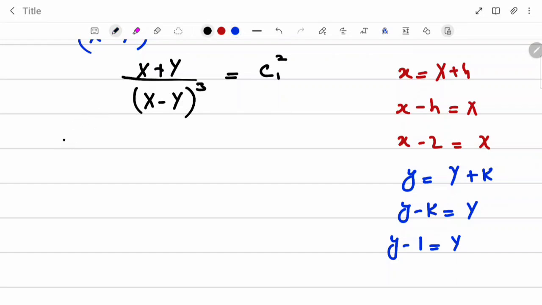So we have x minus 2, then y minus 1, upon x minus 2, minus y minus 1.